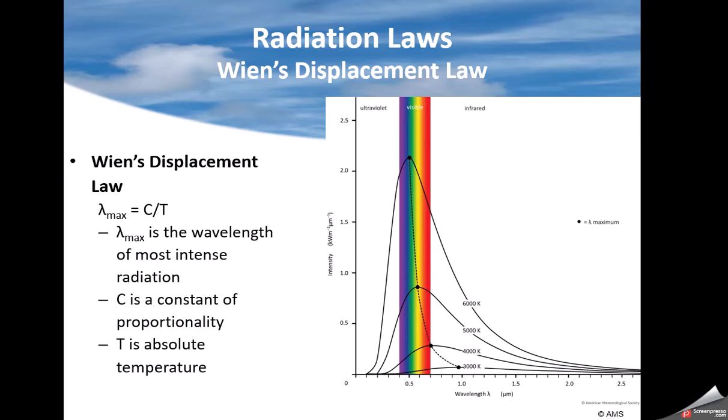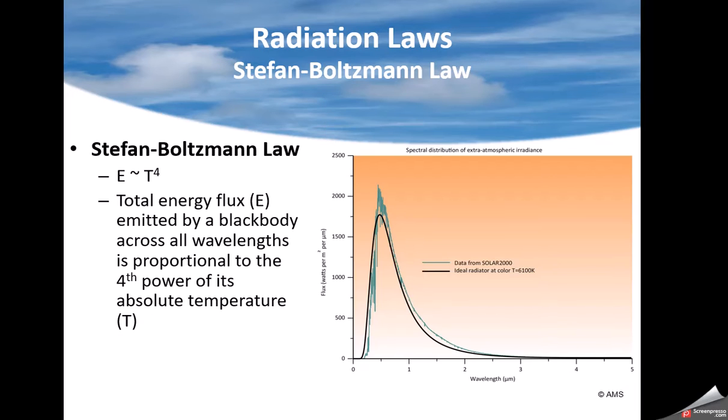And here you can see that. And that's why we don't see all the intense sun rays, which are more ultraviolet, but we do see the light coming off of the surfaces around us that are more visible light. Also, the amount of energy from a wave is proportional to that same temperature to the fourth power.